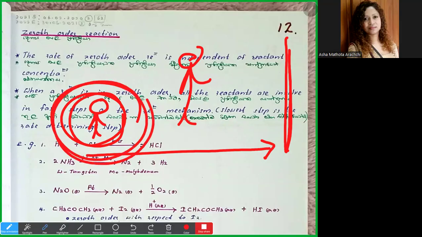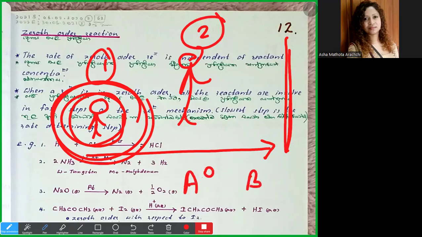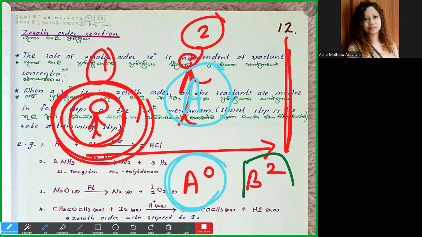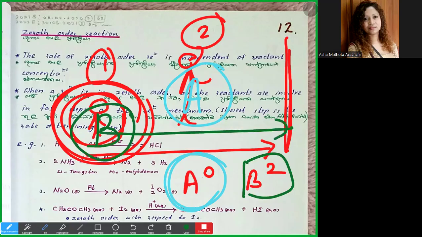Then who is A and who is B? Let's say this is 1, this is 2. Which one is A? Let's say A to the power 0, B to the power 2. Who is A? This is A, because we are not counting this. Understood? Doesn't matter how speedily you can react. Who is deciding the reaction rate? B. Whatever the B's power, that's deciding the rate. Is that clear?